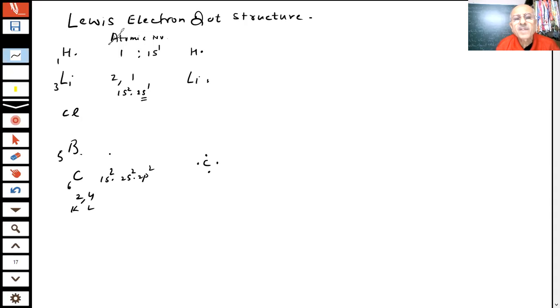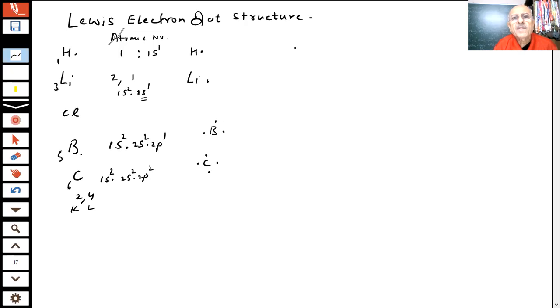Boron is atomic number 5. Then 1s2, 2s2, 2p1. So boron is represented by 3 electron dots. These dots are electrons, and Lewis gave the structures of different molecules by electron dots.